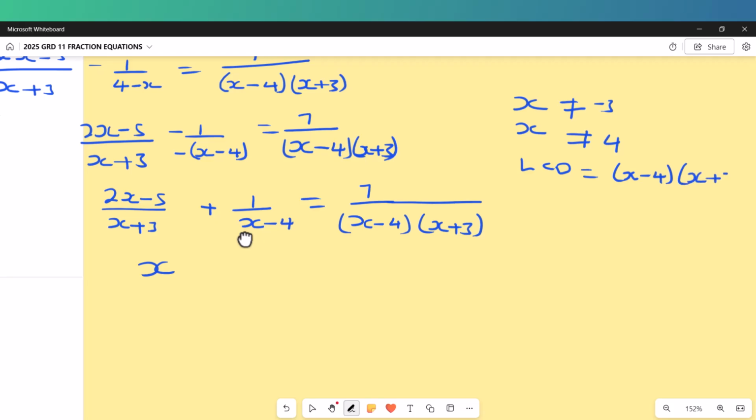Now in this particular case, I'm going to multiply each of these terms by the LCD.